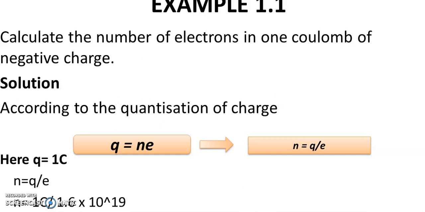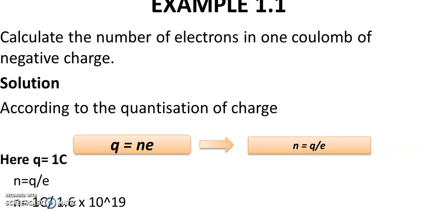What is the value of Q which is given in the question? Calculate the number of electrons in 1 coulomb of electric charge. So n is equal to Q by e. We are going to substitute the values of Q and e in the given formula. What is the value of Q? 1 coulomb.